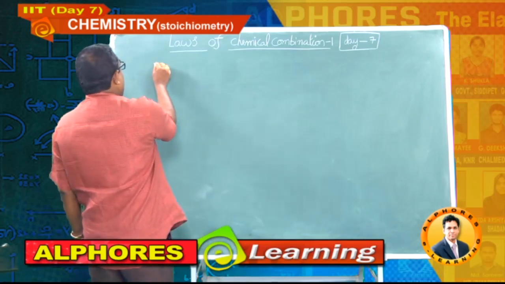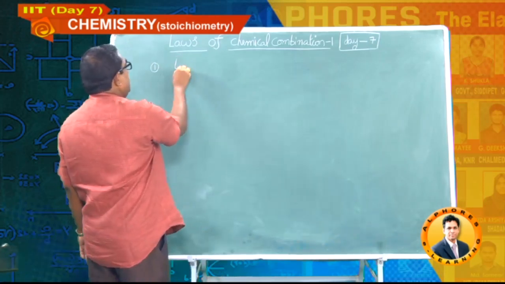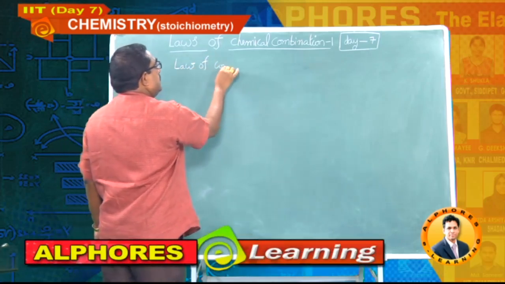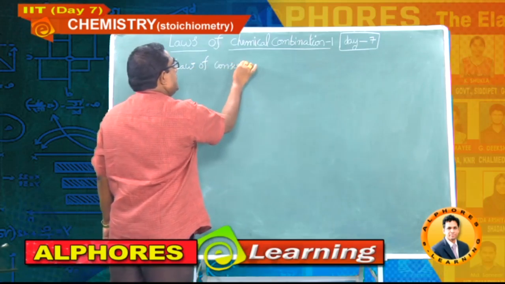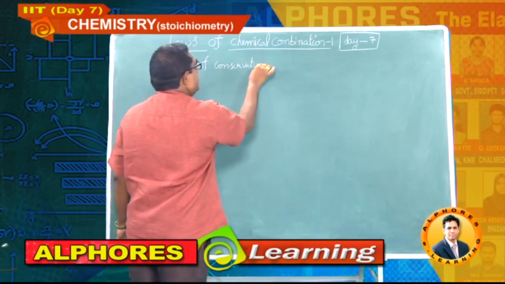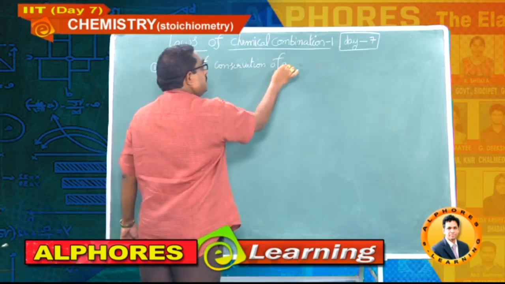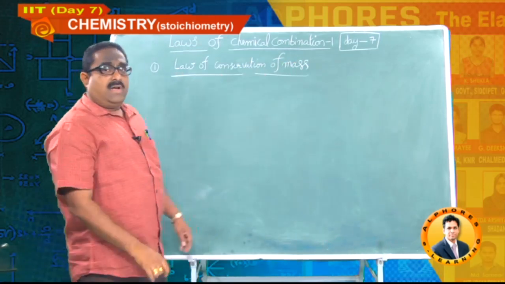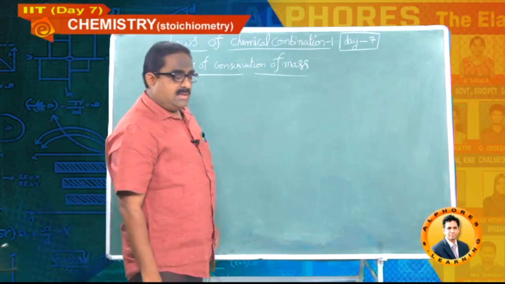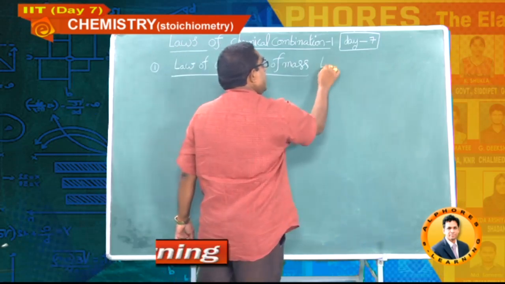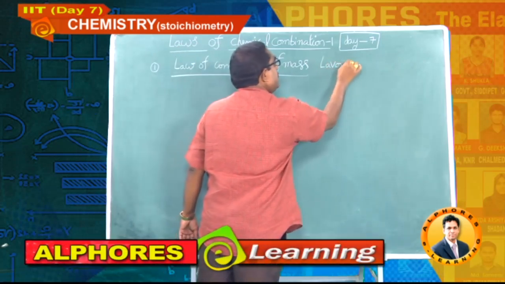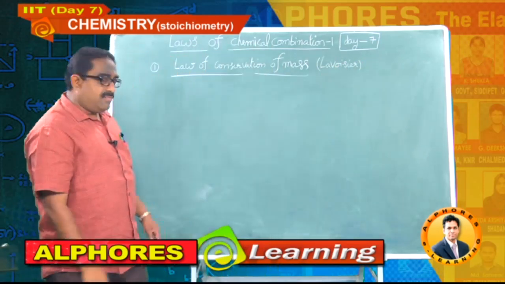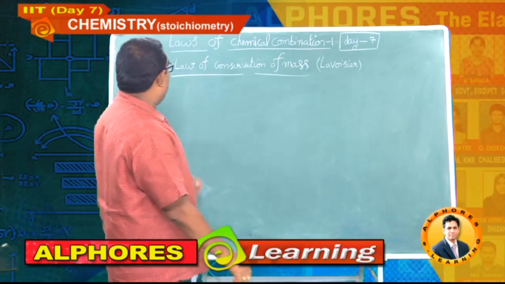The first one is, write down students, law of conservation of mass. This was proposed by the scientist Lavoisier, who is called the father of modern chemistry.